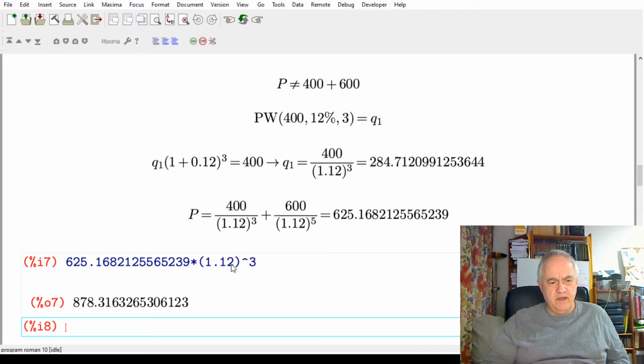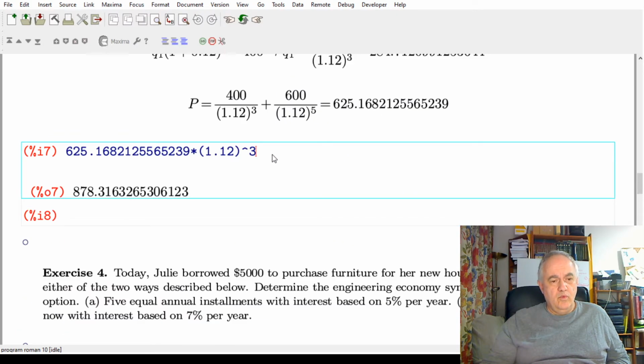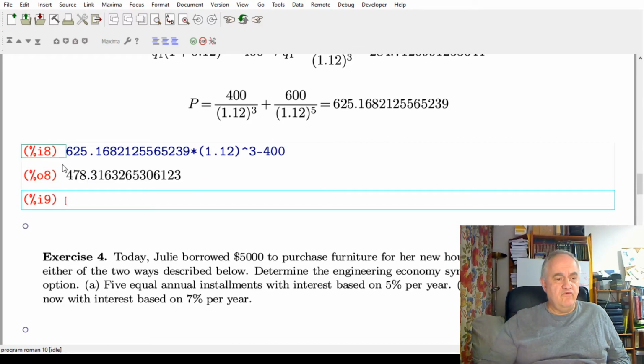It's quite a lot of money, much more than required for the initial payment. Then we will extract from this 400 and we will make the payment. Then we have 478.